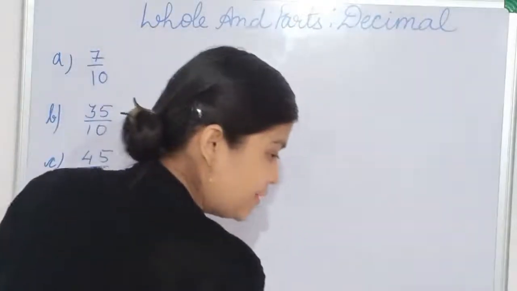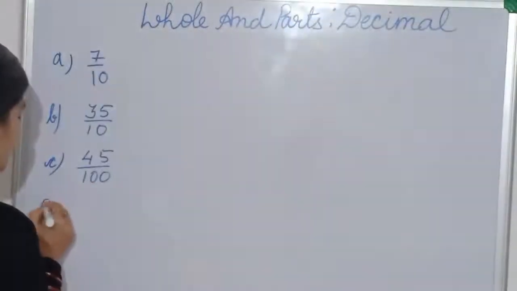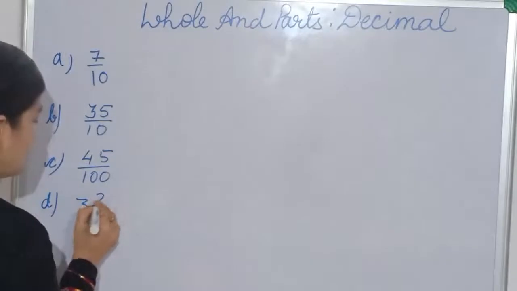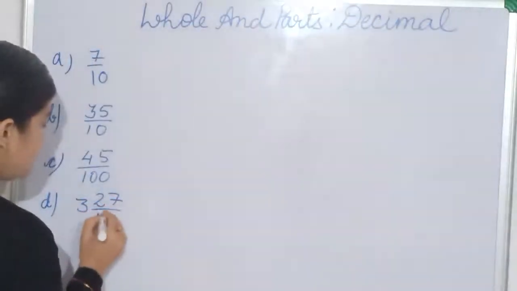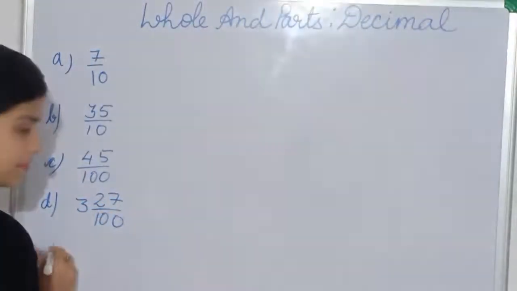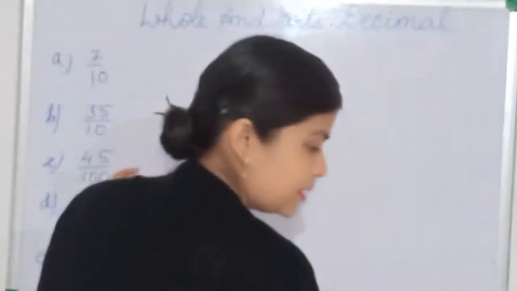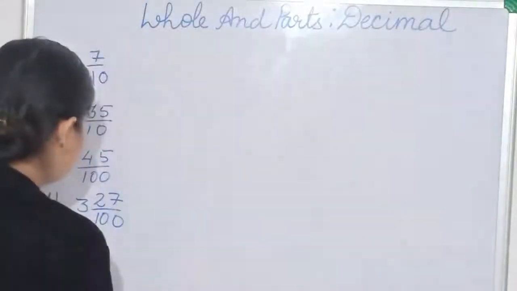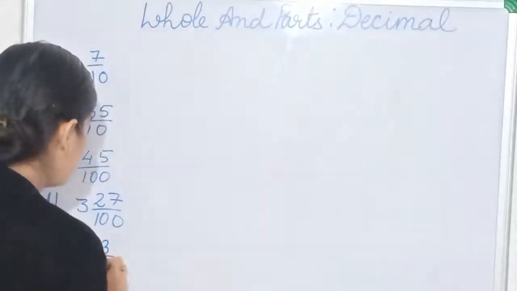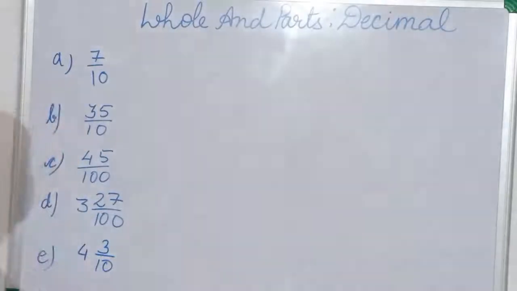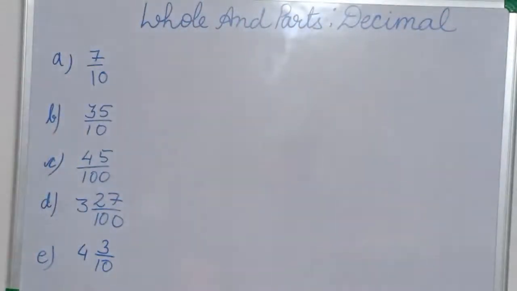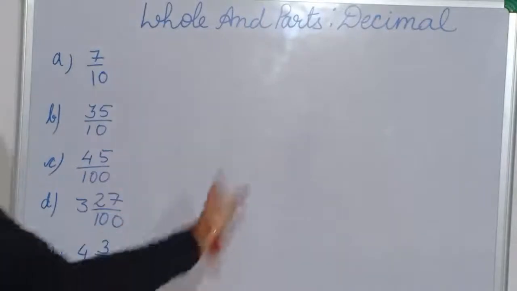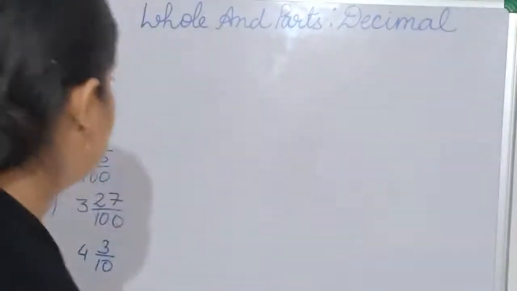Then 327 by 100. 3 by 10. Okay, here are some questions. These are the fractions we have to convert into decimal.